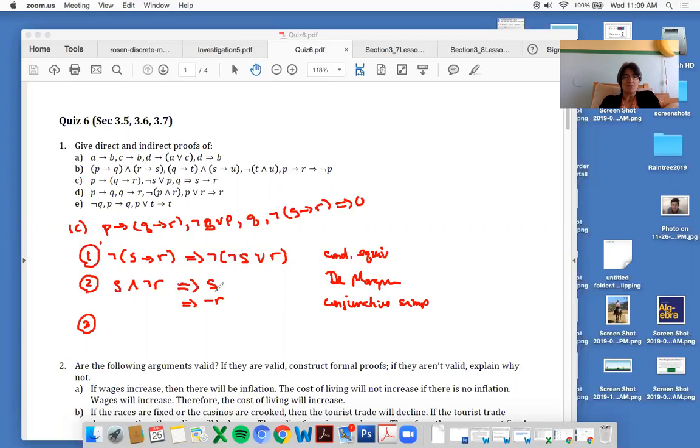These might be useful because you have these single things, you can use them. For example, if I have not S or P and I pair it up with S, this is going to imply P, because that's the disjunctive simplification.